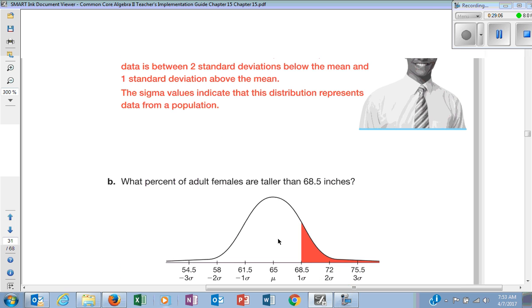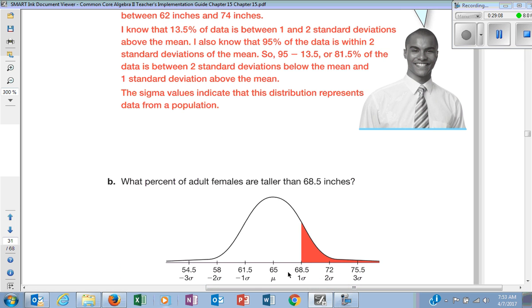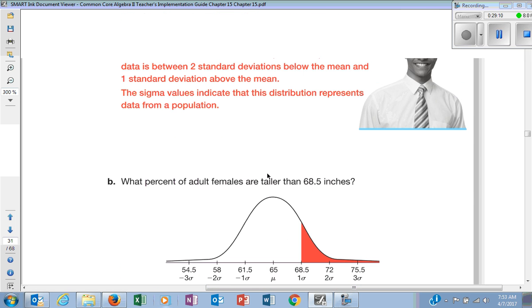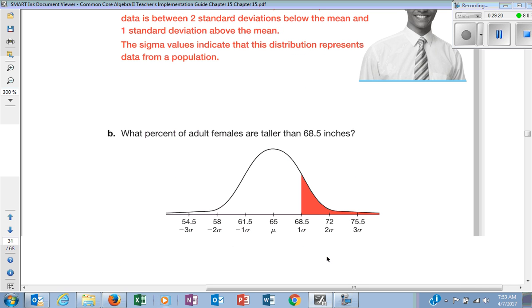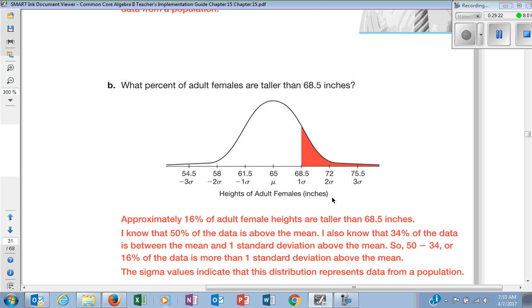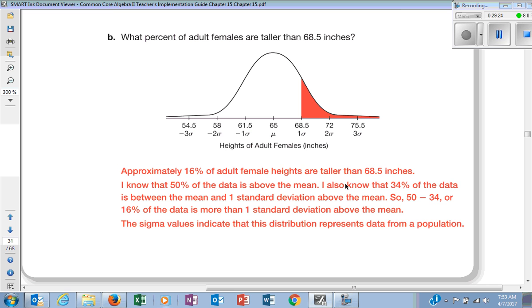When I go down here, again, this symbol means that it is a population. They asked, what percent of adult females are taller than 68.5 inches? I know that's 1 standard deviation and above, and I know that this percent is worth that 13.5.